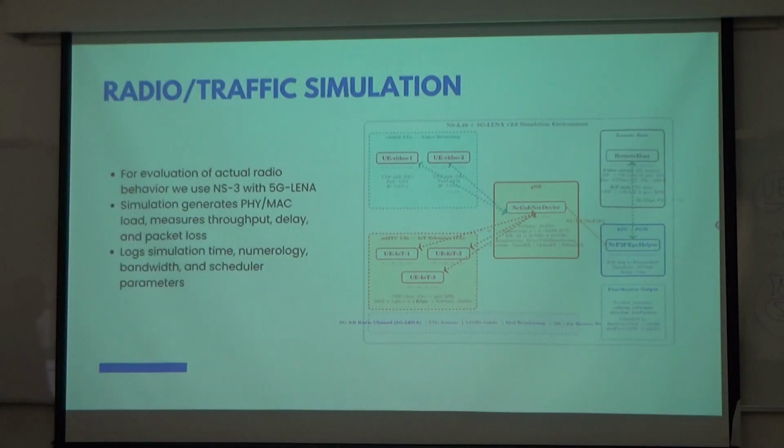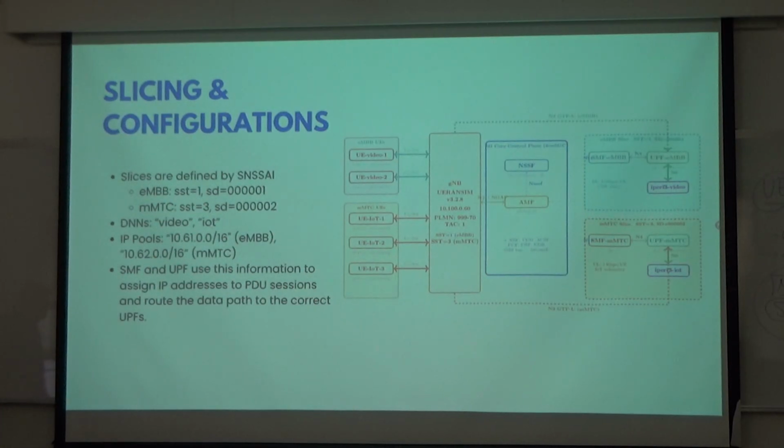There is the UE simulator, there is the mMTC process inside the simulator, there is a remote host that collects the measurement results, and there is the gNB process that simulates the gNB behavior, along with the TAP device. This is for the core, slicing configuration.